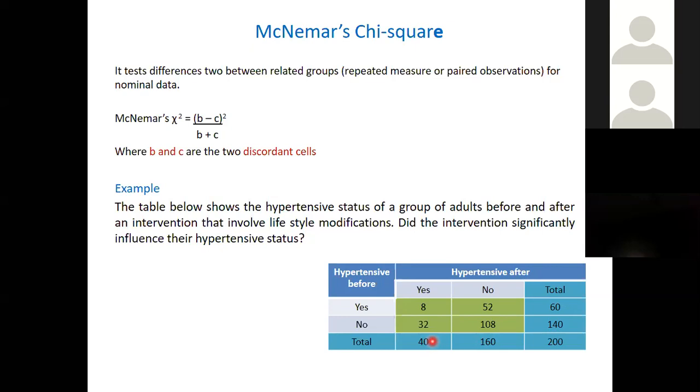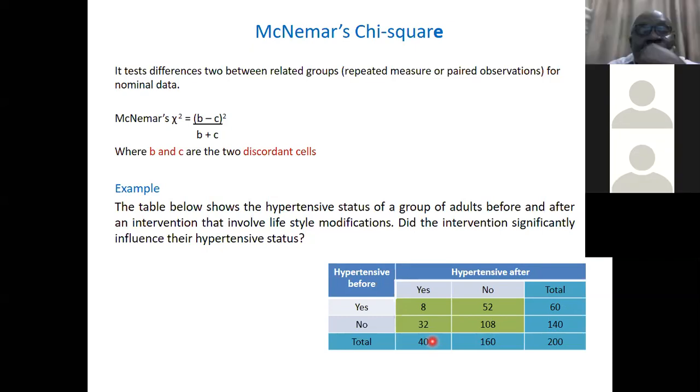But you cannot really say unless you put it to test, to show whether the intervention has actually reduced hypertension. Because it's not as if from all the 60 that were hypertensive, 20 people just dropped, no more hypertensive.